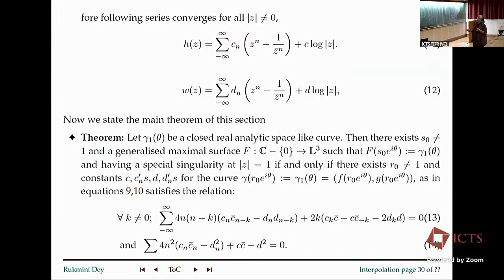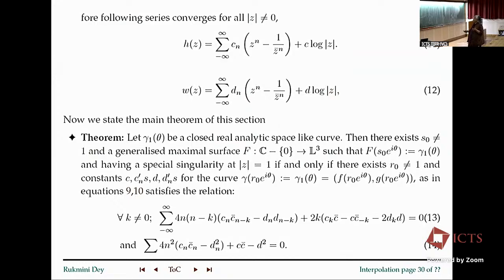In those terms, the condition on gamma is: if gamma 1 theta is a closed real analytic space-like curve, then there exists an S naught not equal to 1 and a generalized maximal surface such that S naught e to the I theta goes to gamma 1 and has a special singularity if and only if there exists an R naught not equal to 1 and these constants such that gamma of R naught e to the I theta is gamma 1, where f and g are that way.